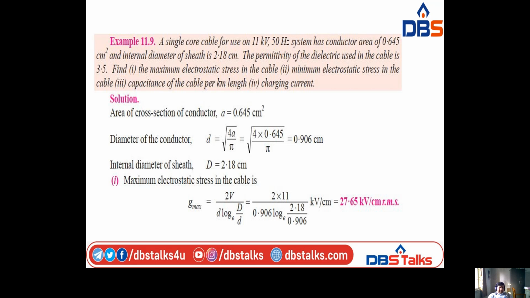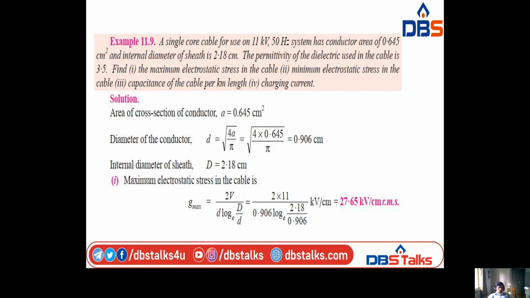That is the diameter of the conductor. Now capital D, the diameter of the sheath, is given as 2.18 centimeter.